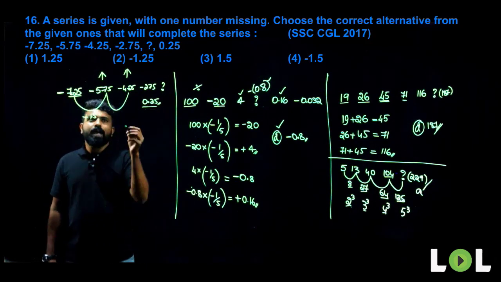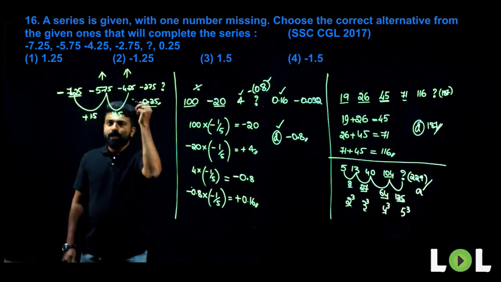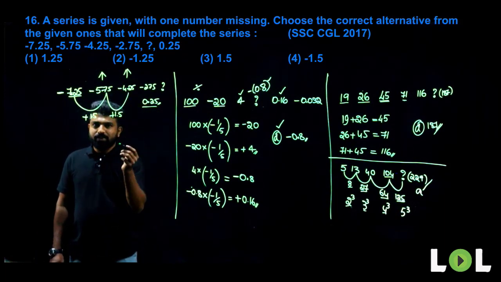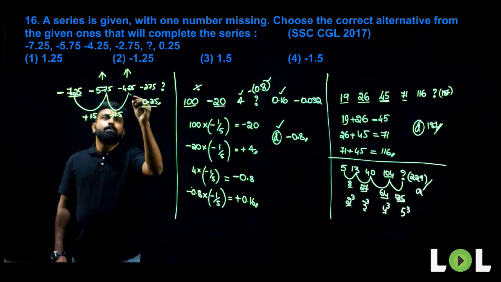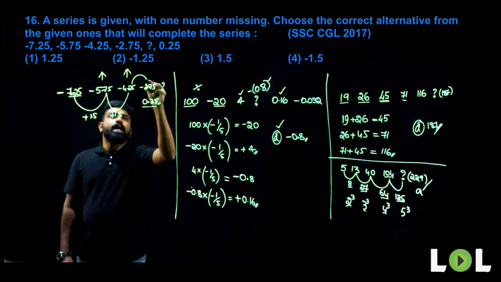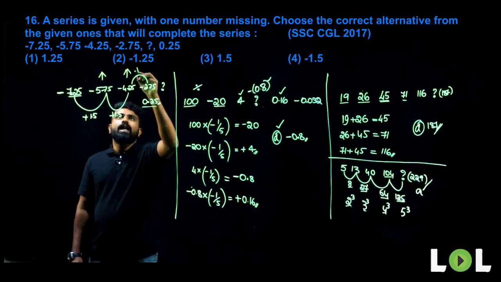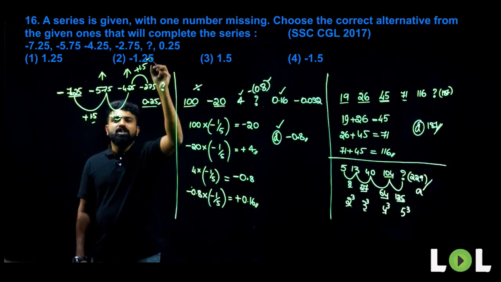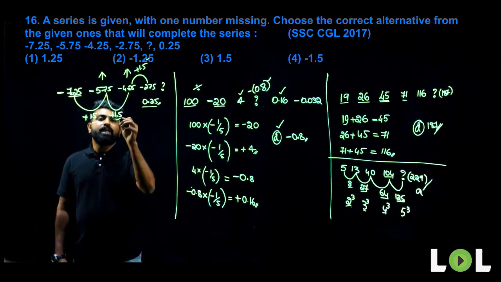I need to again add plus 1.5. Minus 5.75 plus 1 gives me minus 4.75, plus 0.5 gives me minus 4.25. Similarly, between minus 4.25 and minus 2.75, again I'm adding plus 1.5. So, I'm getting the same logic three times. Meaning, the logic in the series is I need to add plus 1.5 to the previous term to get my next term.